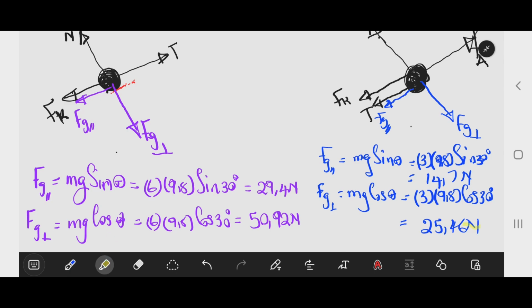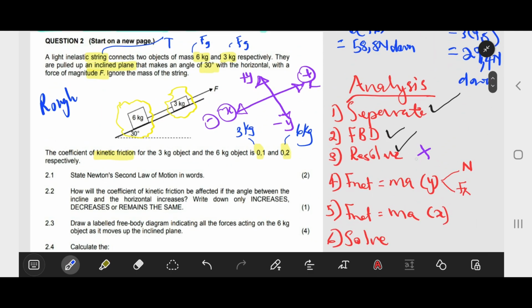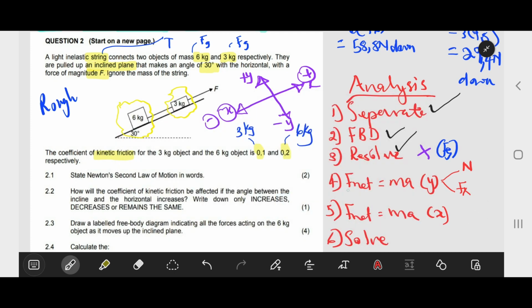All right, so those are our components. Now we are done with step number 3, which is resolving, right? We have resolved Fg in this case for both objects. Let us go to step number 4.